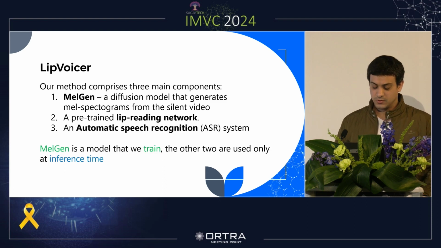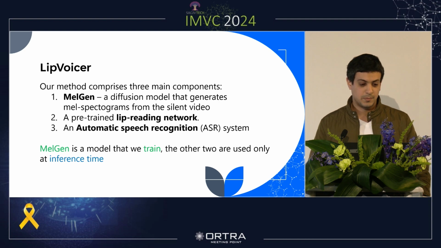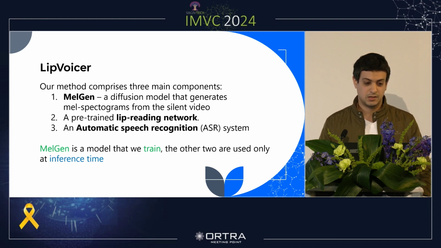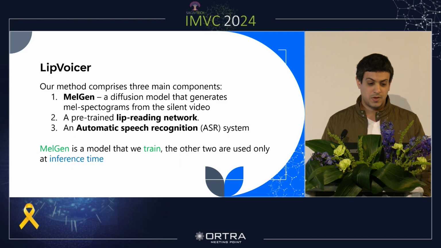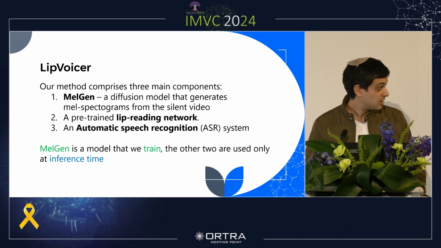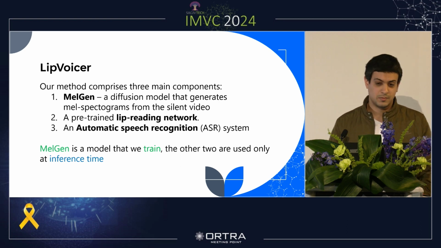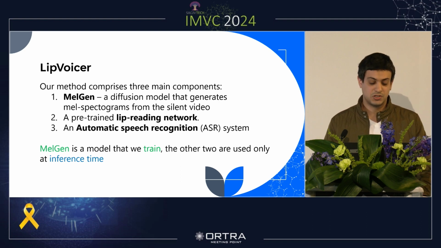So now that we understand some of the challenges, let's talk about what we did in LipVoicer. In our method, we have three main components. The first one is called MelGen, simply because its job is to generate mel spectrograms, which is a time-frequency representation for speech, which is also used in text-to-speech, for example.